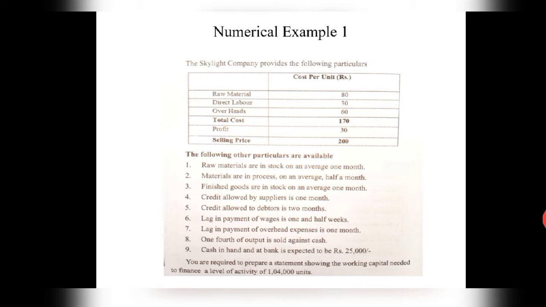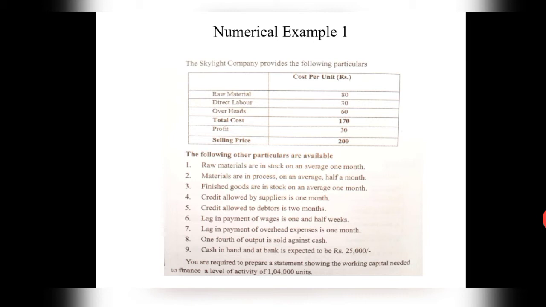So you are required to prepare a statement showing the working capital needed to finance a level of activity of 1,04,000 units. So for financing a level of activity of 1,04,000 units, how much working capital will be required, that has to be estimated. We all know that working capital is nothing but the total current assets minus total current liabilities.